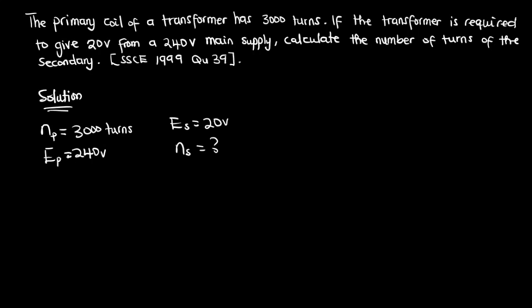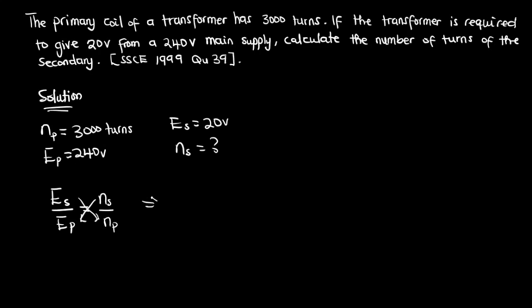So for this particular question, the ratio of the voltage in the secondary to that of the primary is equal to the number of turns in the secondary over the number of turns in the primary. This is the ratio that we have. Are we okay? So if we make NS the subject over here, we'll first of all cross multiply.